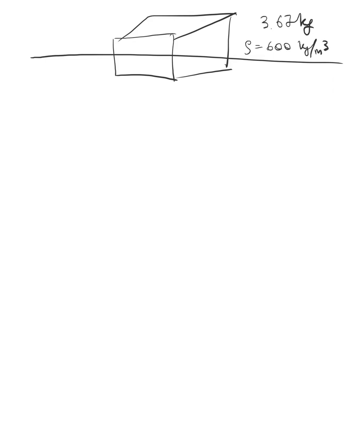This wooden block is fitted with lead, and lead has a density of 1.14 times 10 to the 4 kilograms per cubic meter. It's obviously denser than the wood. And they tell me that 0.9 of its volume, so 90% of its volume, is submerged underwater.